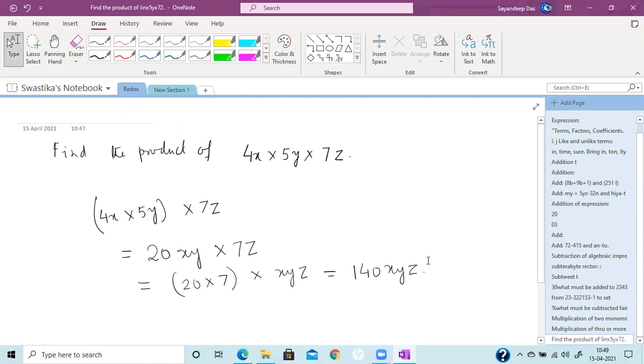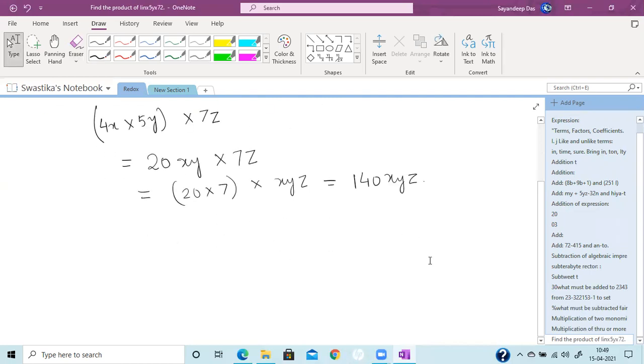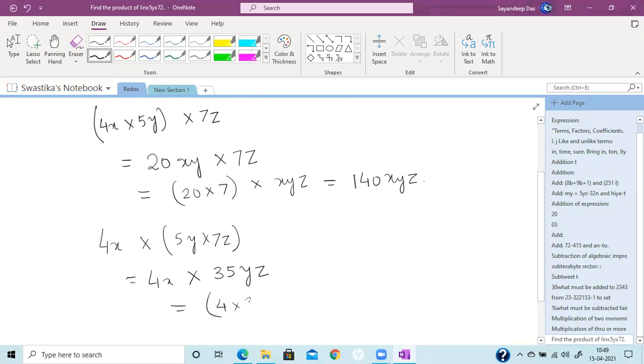Similarly, if we do it the other way, keeping 4x and multiplying 5y into 7z, we will get 4x into 5 sevens are 35yz. Now we can do 4 into 35, and the variables are first monomial x, second monomial yz.